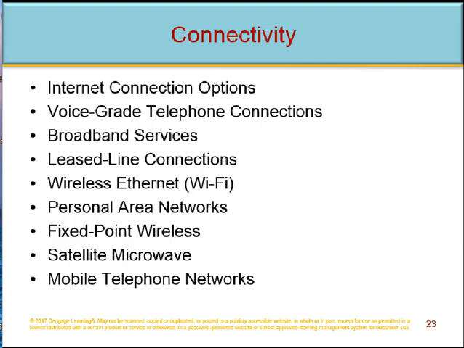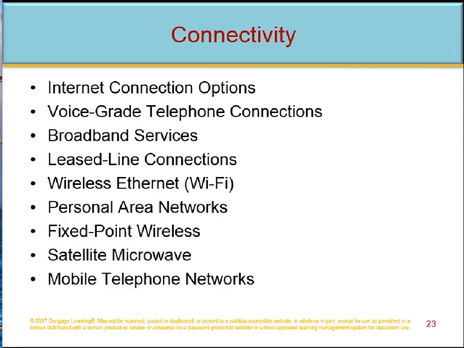Wi-Fi, or wireless Ethernet. The most common wireless connection technology uses the 802.11 protocol. The latest version is the 802.11ac with bandwidth ranges up to 2.5 gigabits per second and a range of 500 feet.